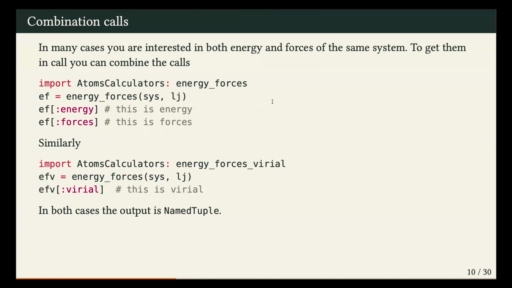The main point with these combination calls is that many of the calculators have an optimized way to combine the forces and energy calculation. For example, with potentials, if you just call energy, forces, virial together, that is much more efficient than calling the three of them separately.